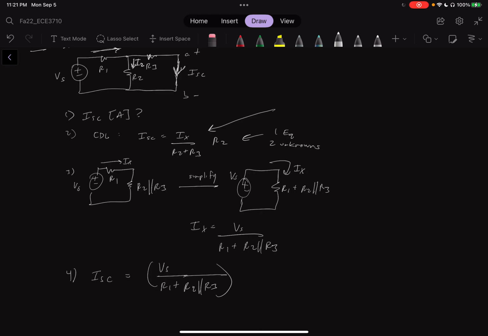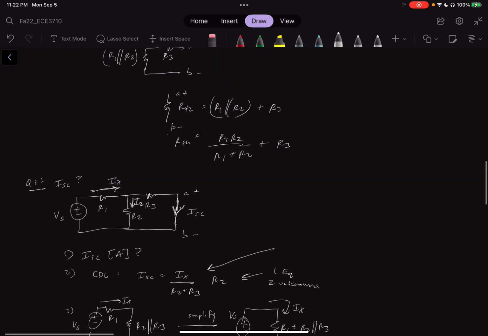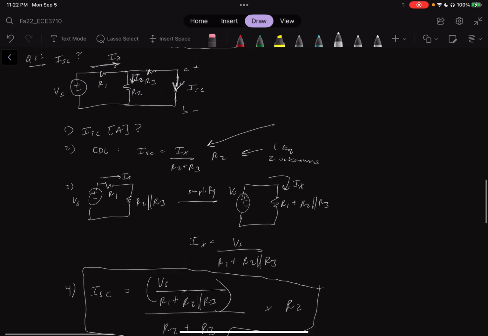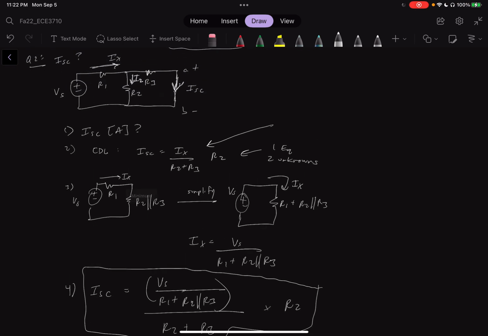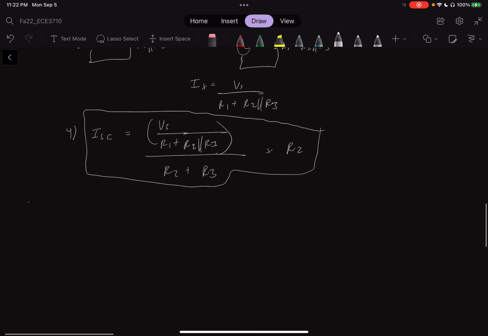That whole thing divided by R2 plus R3 times R2. That's ISC. And we know R1, if we were given R1, R2, R3, and Vs, which was in the drawing, we could solve for ISC.